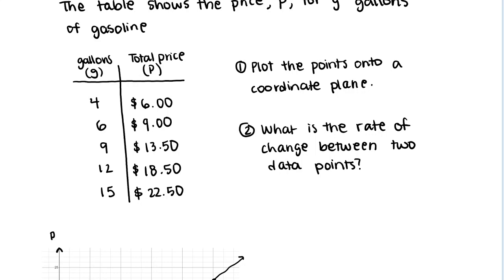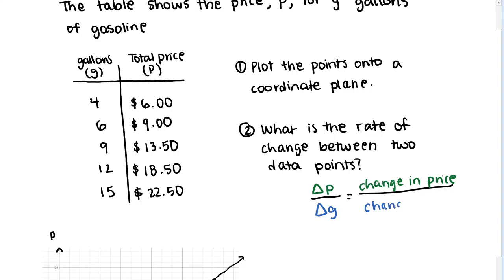Right, so here we're asked to find the rate of change, and so this is saying what's delta p divided by delta g, in this case where the output variable is p. This is representing the change in price between our 2 data points divided by the change in gallons.